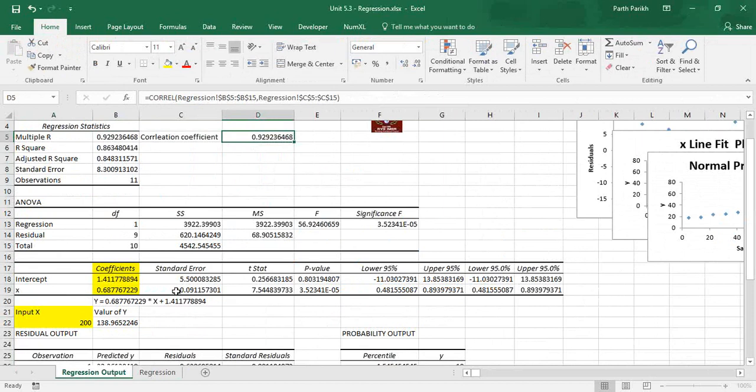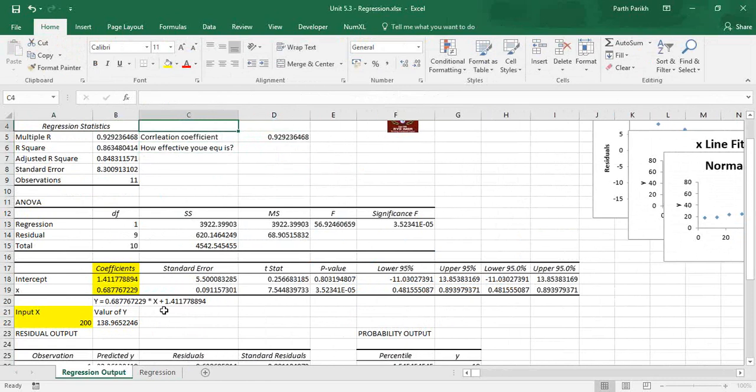All right. Then there is something called r square. R square means how effective your equation is. This basically means, whatever equation you have identified, how accurately or how closely you can find out the value of y.